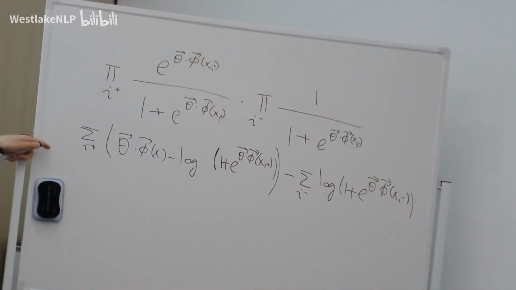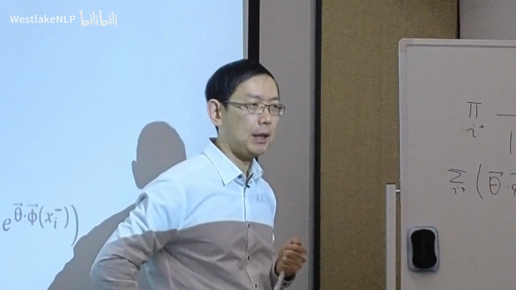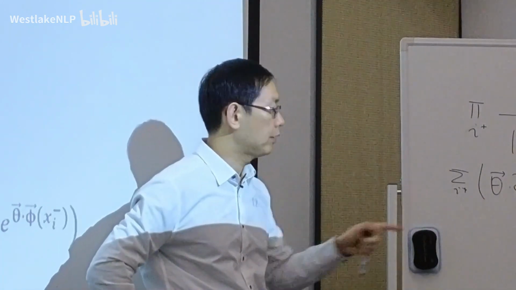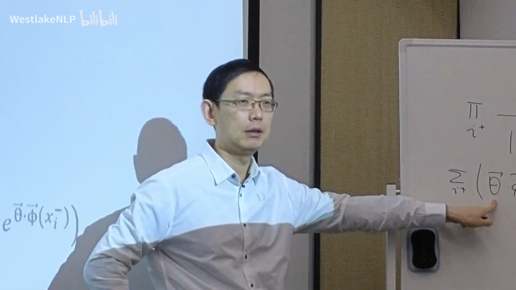This is the logarithm of this one. So when we maximize the data likelihood, we maximize the logarithm form of the data likelihood, or we maximize the log likelihood. Alright. So we maximize this function by taking the derivative with respect to theta, right?